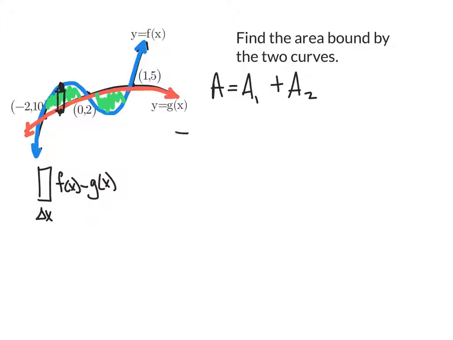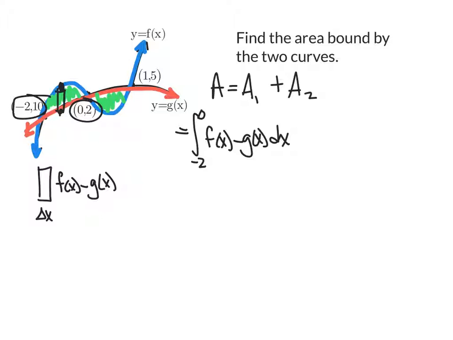That means that the area of this first region is going to be the integral of f of x minus g of x dx. And this extends from this point to this point. So when x is negative 2 to when x is 0.